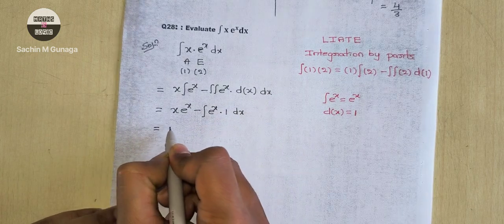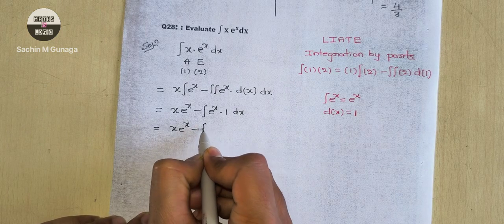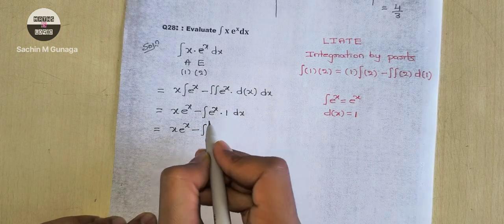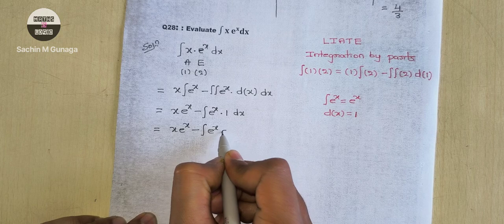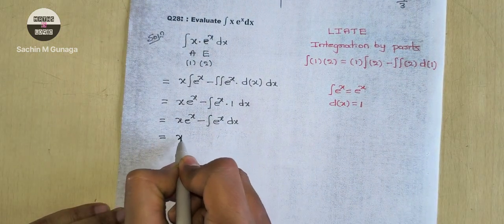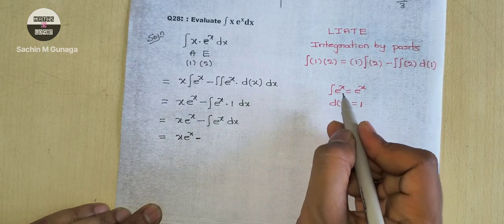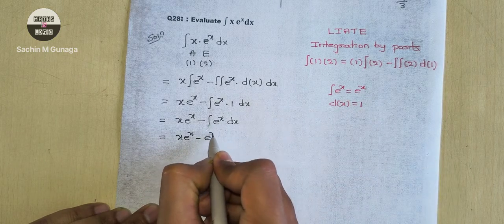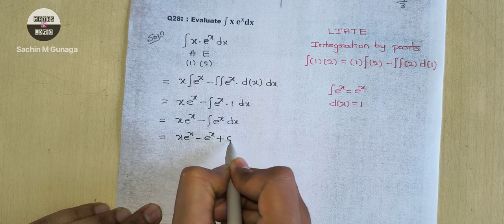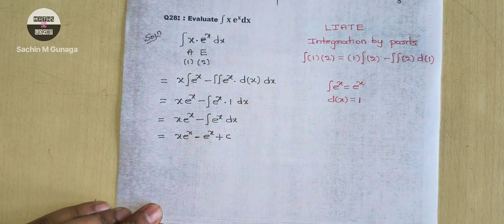So x into e power x as it is, minus the integration of e power x into 1, which is e power x with respect to dx. Therefore the final answer is x e power x minus, again the integration of e power x is e power x, then commonly write plus c. So this is the final answer.